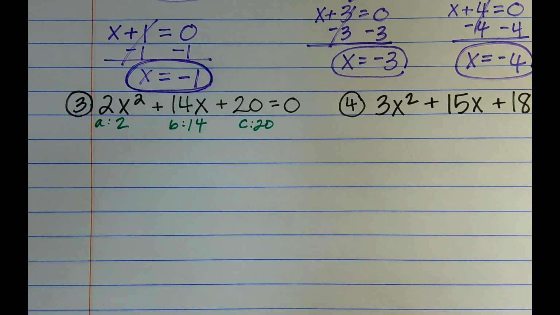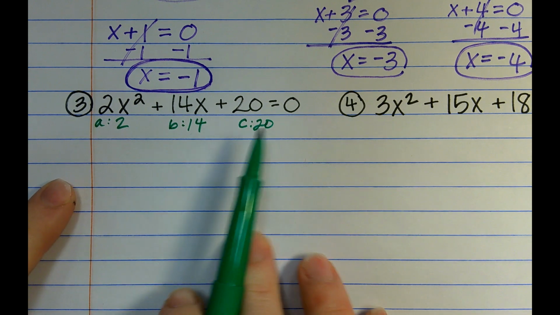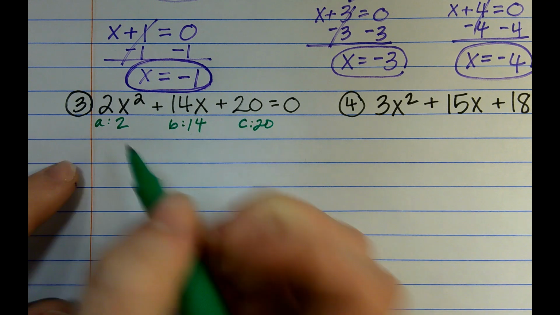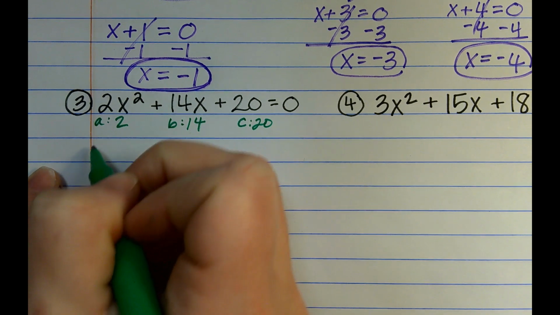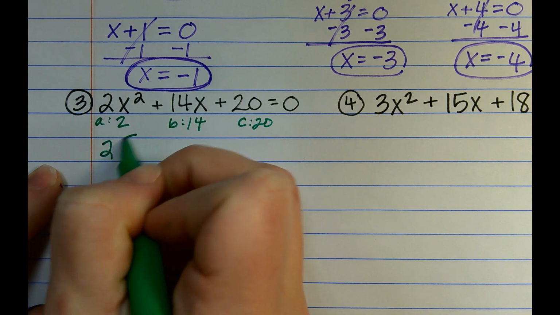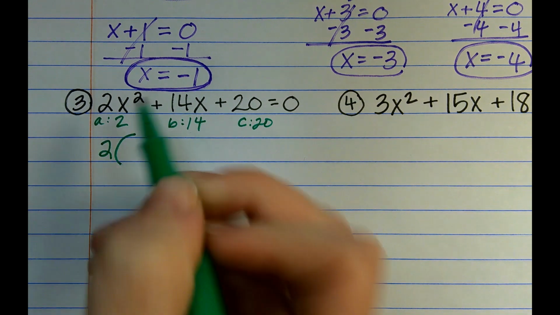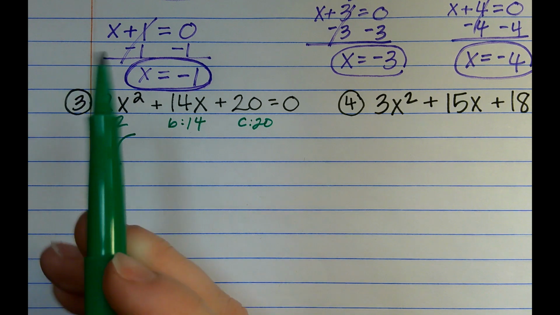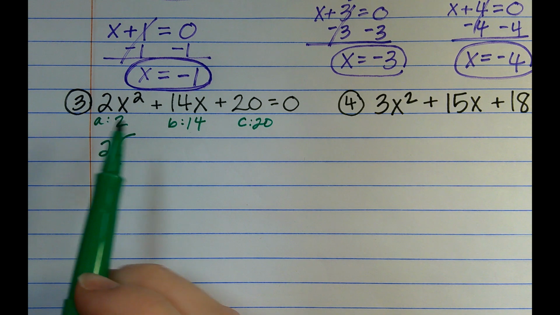When A is bigger than 1, what do we need to look for first? Greatest common factor. Is there a greatest common factor? Yes, 2. I can divide everything by 2. So, 2 goes outside, and we're going to divide each of these terms. What? We have a question?